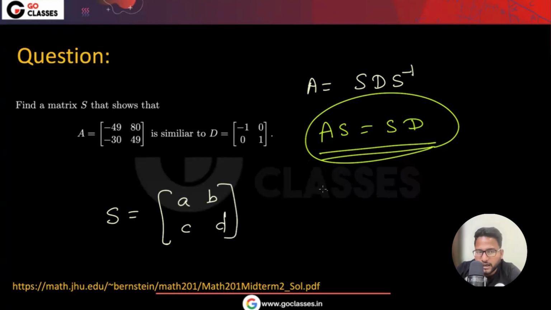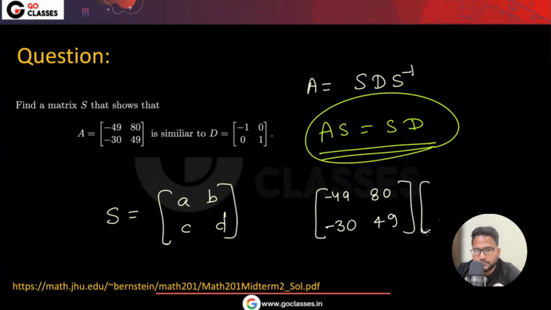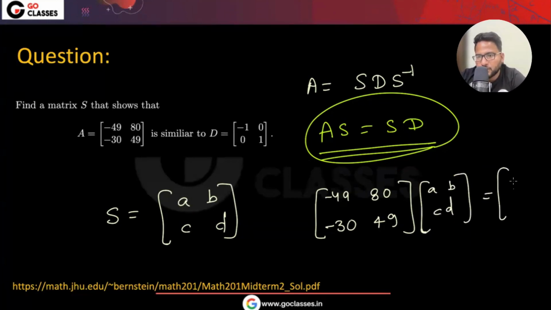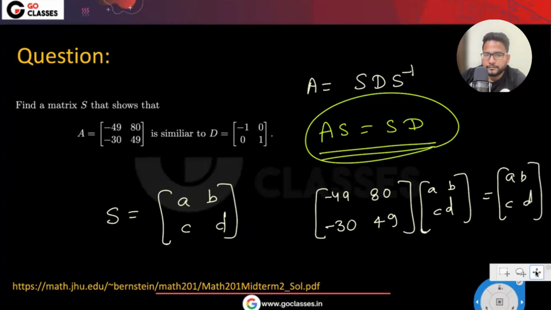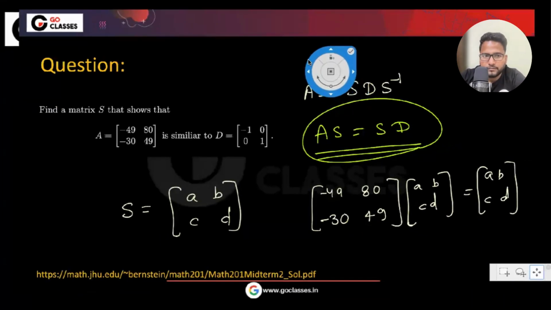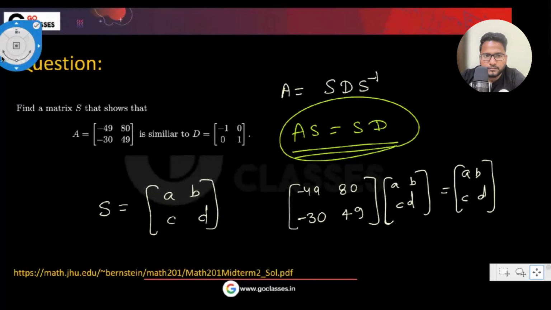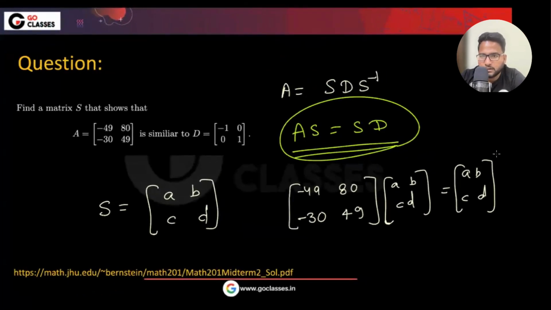And then A, which is minus 49, 80, minus 30, 49, times S, which is a, b, c, d, equals a, b, c, d multiplied by D. What is that D? I think it is the easier one: minus 1, 0, 0, 1. Just try it out.